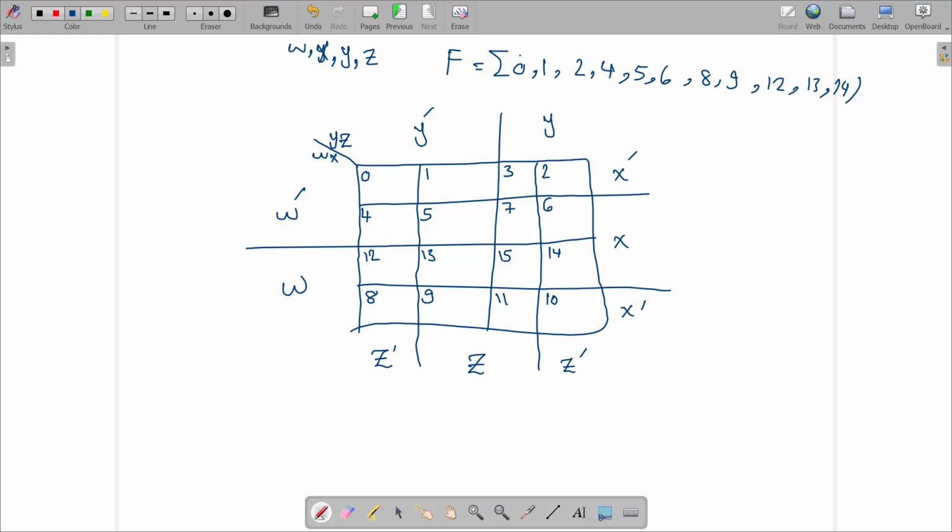The function was this. Now write the corresponding minterms as 1: 0, 1, 2, 4, 5, 6, 8, 9, 12, 13, 14.